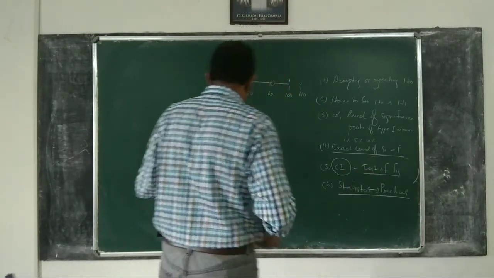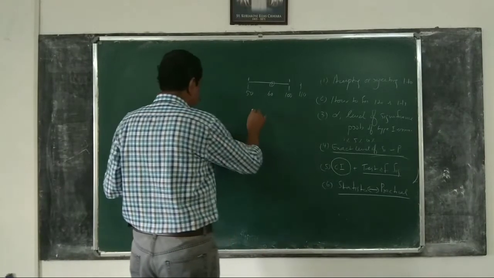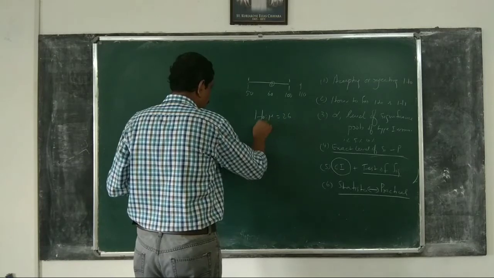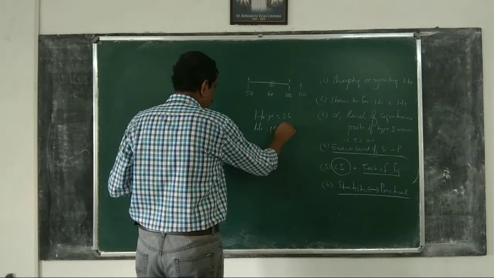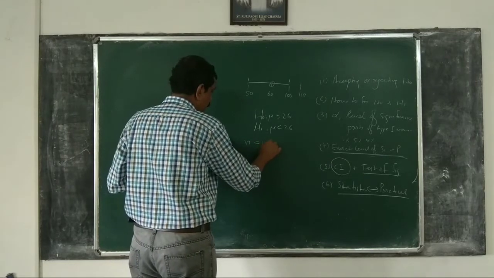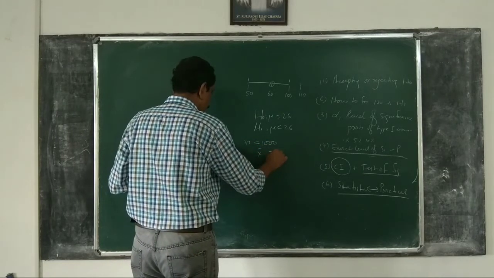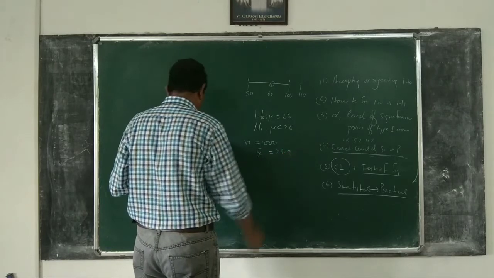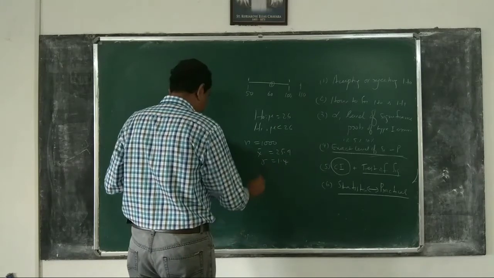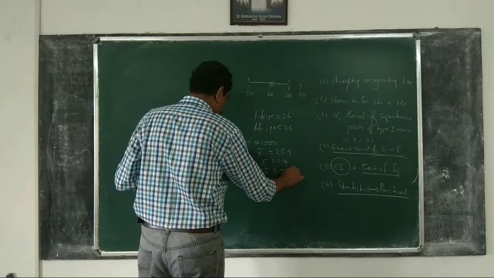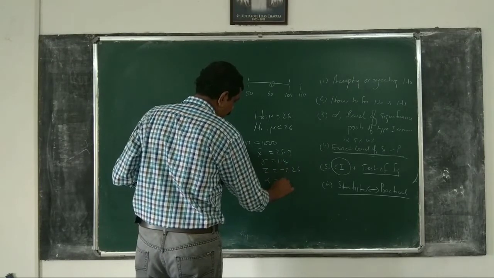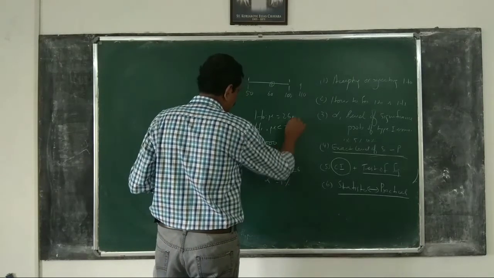To explain the difference between these two, consider again the hypothesis H0: mu is equal to 26, H1: mu is less than 26. And suppose n is equal to 1000, x bar is equal to 25.9, sigma is 1.4, z is minus 2.26, and at alpha 5%, H0 is rejected.